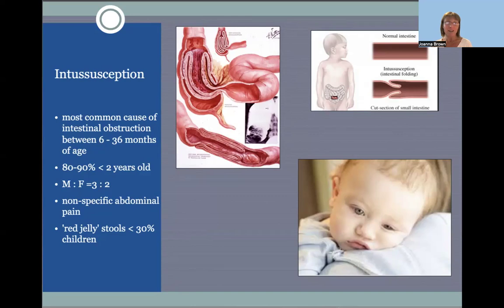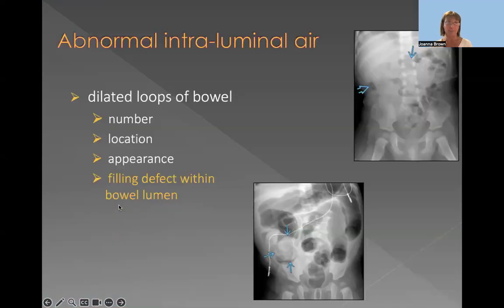And the classical triad of abdominal pain, red jelly stools, and diarrhea is only present in less than 30% of the patients. So patients still could have non-specific abdominal pain and have intussusception without blood in the stools.